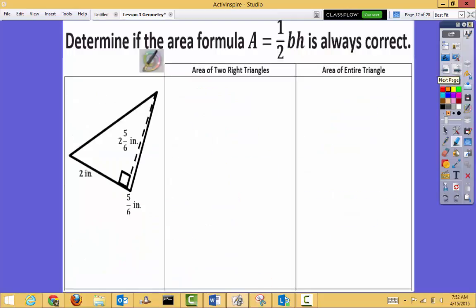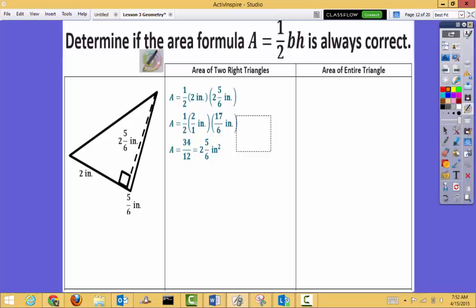Alright, let's look at this next one. Why is this one different? Well, it's different because now I'm working with fractions. So my area is what?